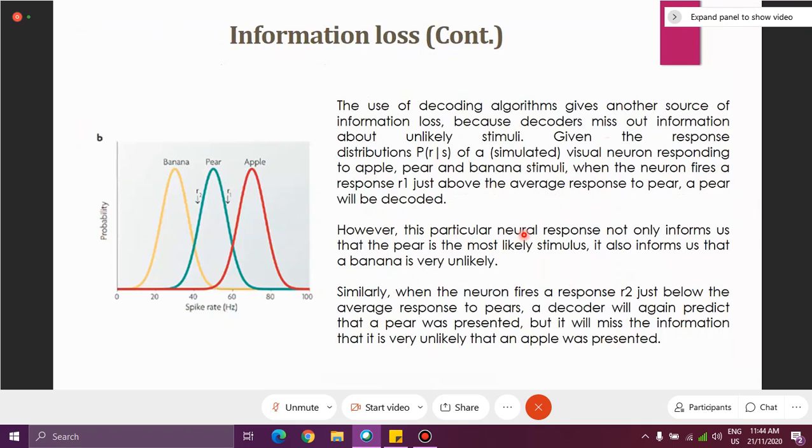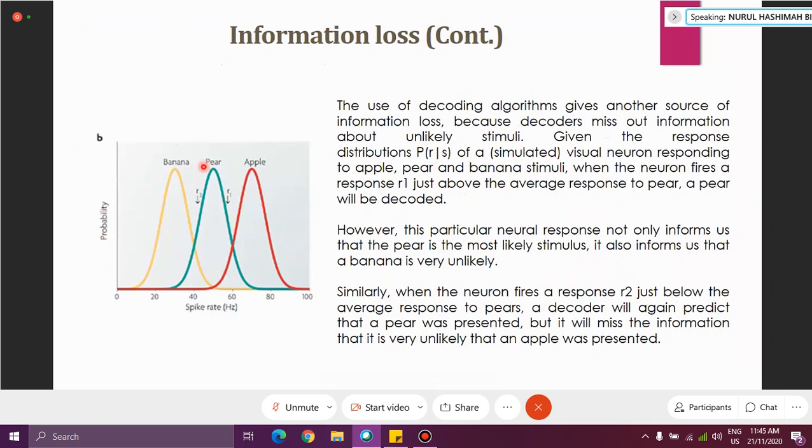However, this particular neural response not only informs us that the pear is the most likely stimulus, but also that the banana is very unlikely. Similarly, when the neuron fires a response R2 just below the average response to pear, a decoder will again predict that a pear was represented, but it will miss the information that it is very unlikely that an apple was represented.